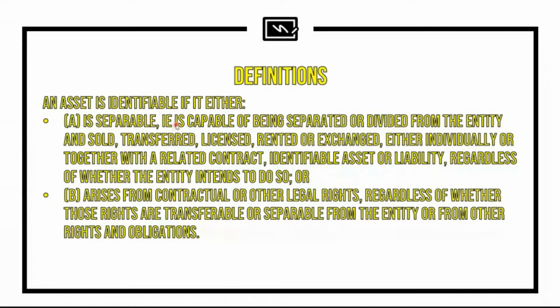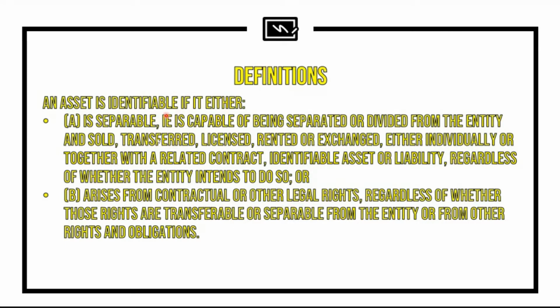So identifiability is something that will be met either through letter A or letter B. So an asset is identifiable if first it is separable, meaning it is capable of being a subject of a particular transaction, whether it is going to be sold, leased, transferred, exchanged, rented out, etc. Or it arises from a contractual or other legal right, regardless of whether those rights are transferable or separable. Okay? So it's either it is separable, meaning it can be a subject of a transaction, or it arises from a contractual or legal right.